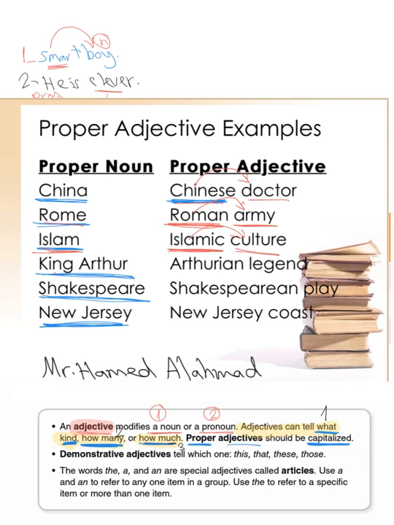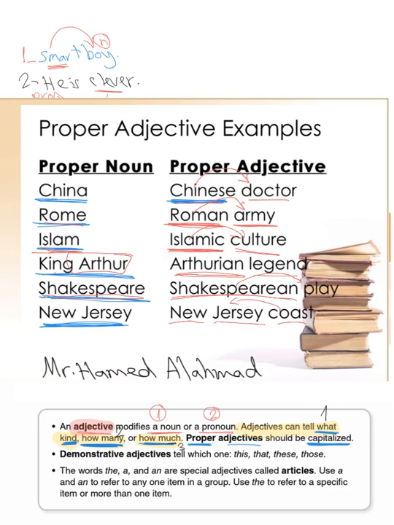Then we have King Arthur. We used the name Arthur only, and we said Arthurian legend. And Shakespeare, we said Shakespearean play, a play written by Shakespeare. And we have New Jersey coast, meaning the coast of New Jersey.